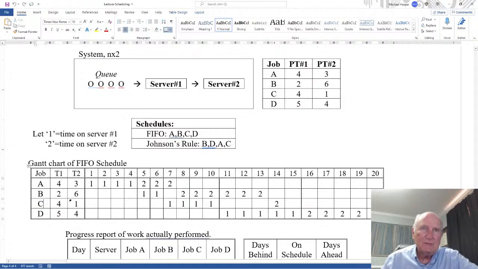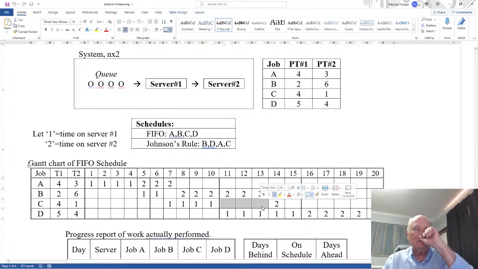Job C. Job C is going to wait until the first server is done with A, done with B. Then it can process C for 4 days. 1, 2, 3, 4. Then it goes directly to the second server. But notice the second server is busy for 3 days.